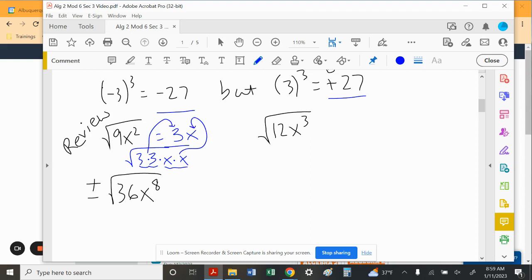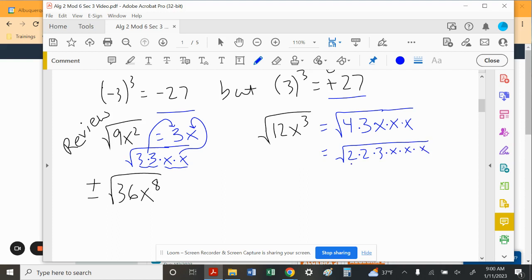Now over here, obviously 12 is not a perfect square. So in this case, I'm going to go ahead and break it down. I have 4 times 3 times x times x times x. I'm just breaking it down so that you can see what we're doing here. And of course, that becomes the square root of 2 times 2 times 3 times x times x times x.